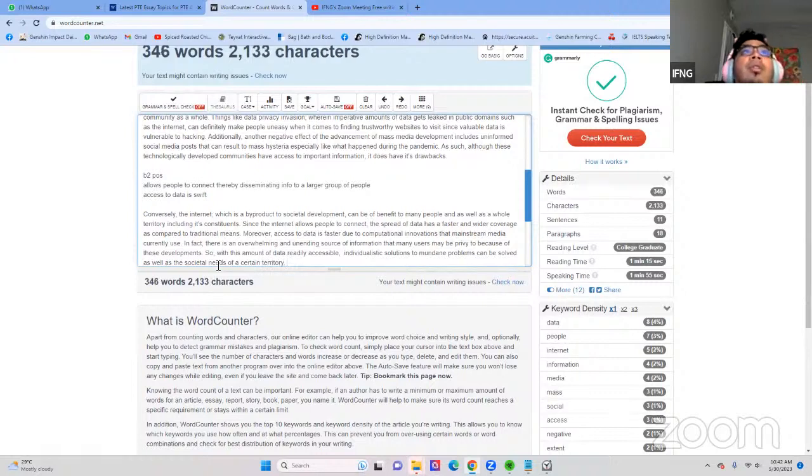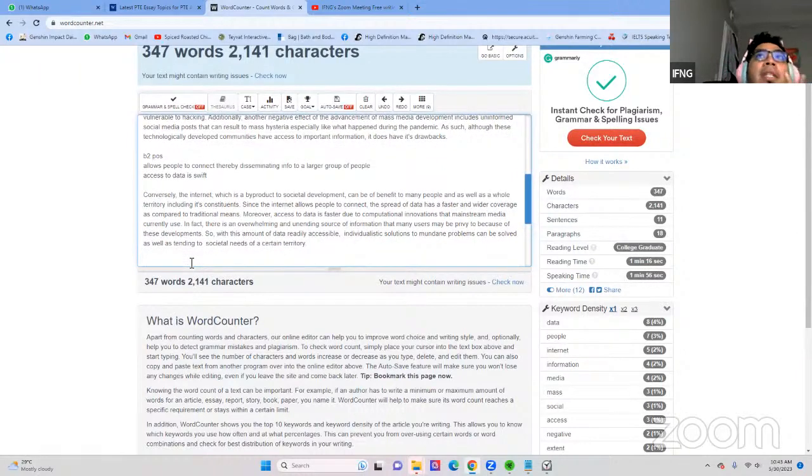We already answered so what. With the amount of data accessible, individualistic solutions to mundane problems can be solved as well as tending to the societal needs of a certain territory.